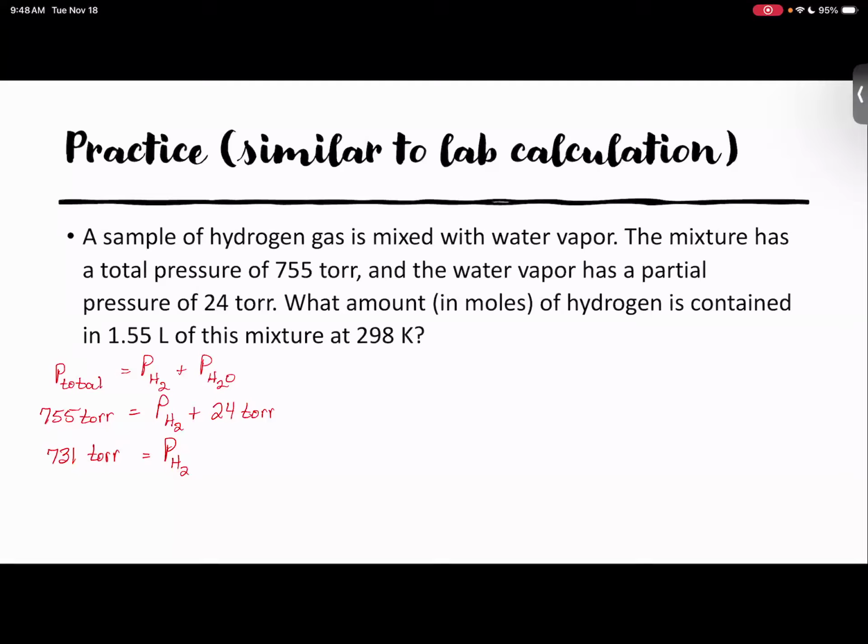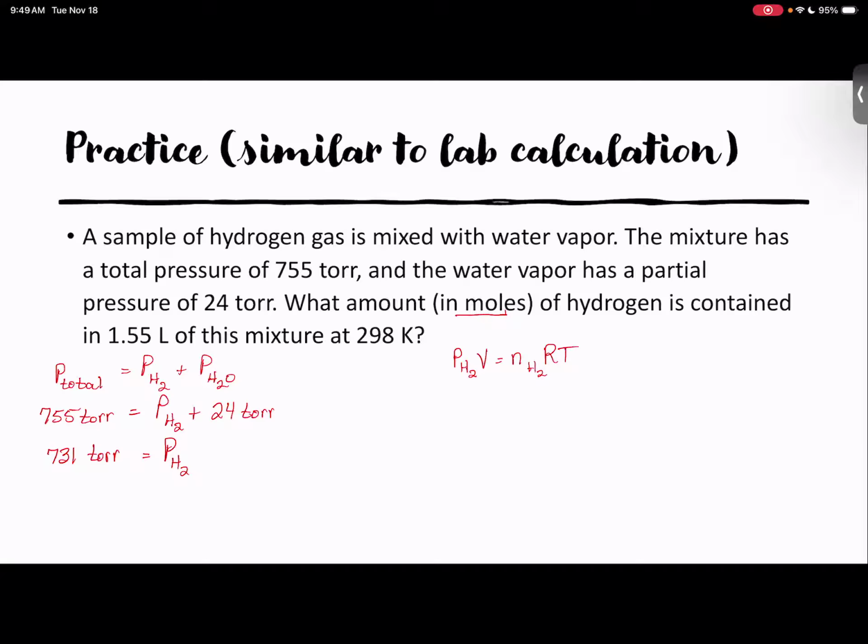Now, I was asked the amount in moles of hydrogen. So that tells me that I'm going to be using P of hydrogen times V is equal to the moles of hydrogen times RT.